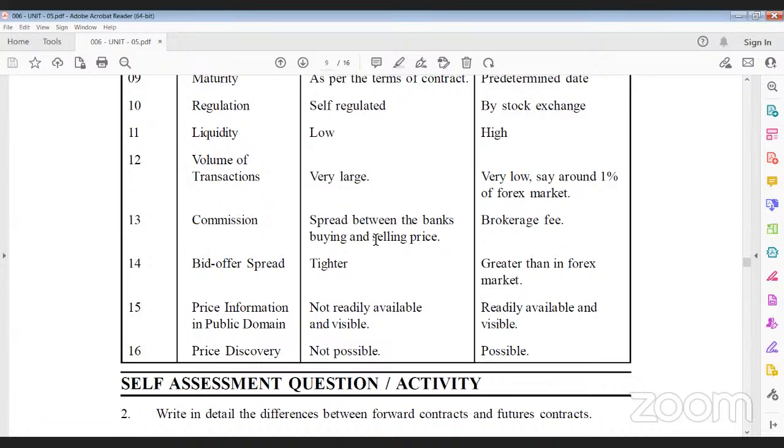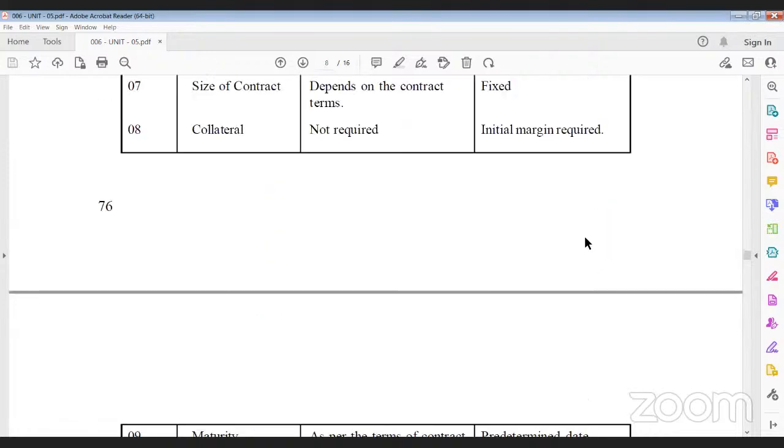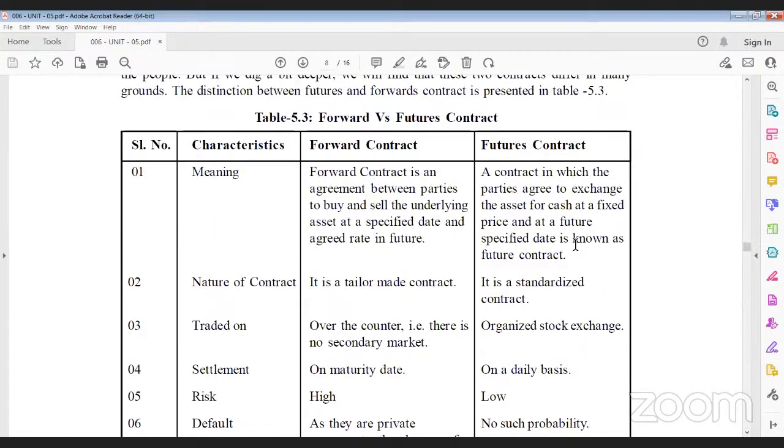From anywhere across, you can watch how your investments are doing. Price discovery is not possible in case of forward, but in case of future, yes, it is possible. So these are the major differences between forward contract and future contract.